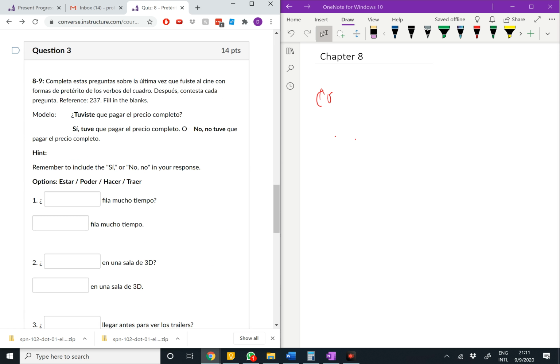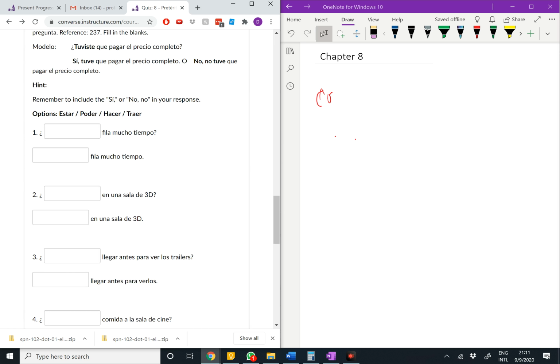Moving down to 8-9, this question looks complicated, but it's actually very straightforward. We're going to follow exactly the model, right? So the first one, blank fila. Which one goes with fila? The verb hacer goes with fila. To stand in line is hacer fila.